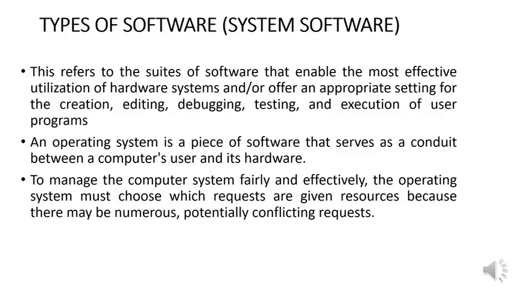And there are other requests. While you are running a system, maybe you want to run different applications at the same time. The operating system will look at which of the applications is going to run faster or which of the applications require more storage or usage space. It will be able to allocate those resources based on priority.